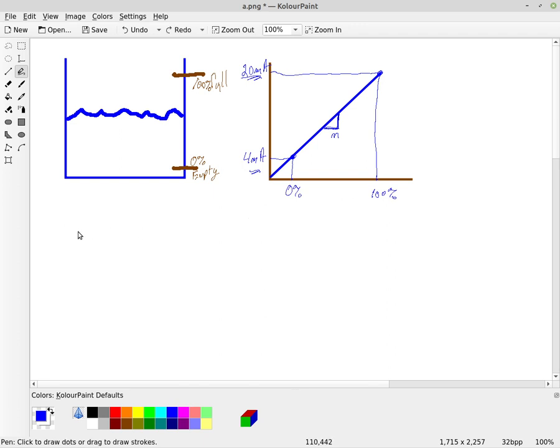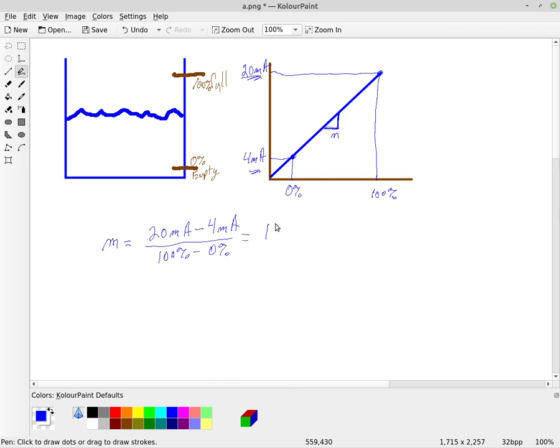So if we look, then we see that the slope is going to be 20 milliamps minus 4 milliamps divided by 100% minus 0%. Right?